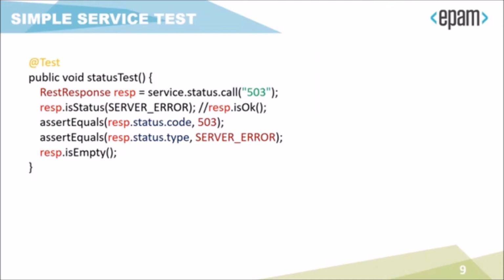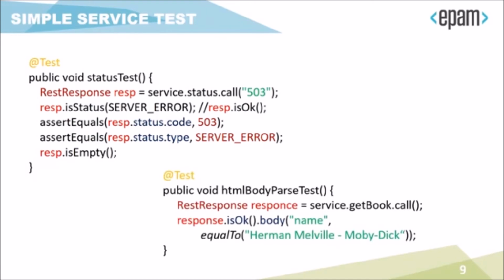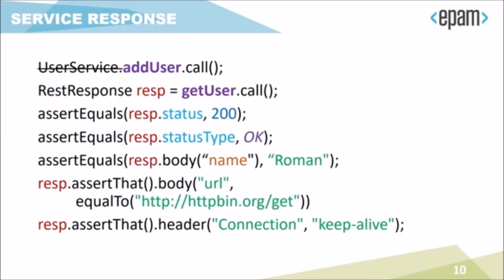You can have some simple validation, like response is okay. This means it has status code 200, and it's okay. Or you can validate some other things like error statuses. You also can change your validations and say, is response okay, and body has some things in parameters.